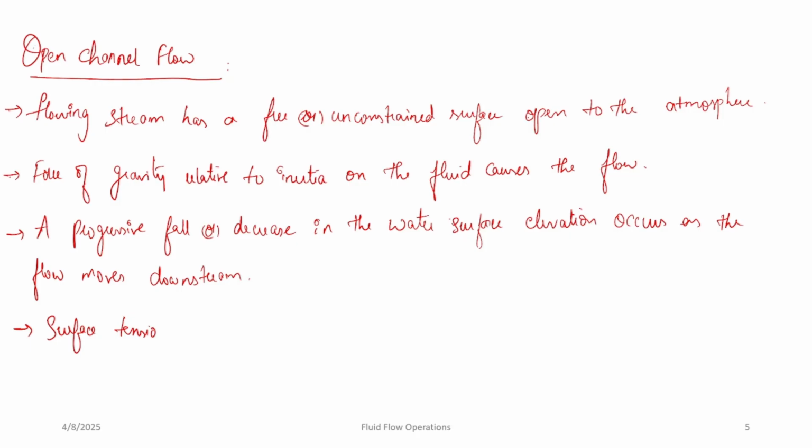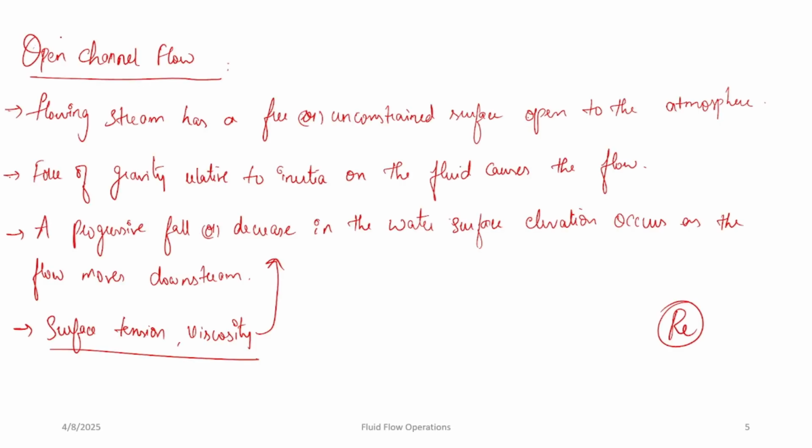Depending upon the effect of viscosity relative to inertia, which is represented by the Reynolds number, the flow can be either laminar or turbulent, and it can also be a transitional flow, which is in between laminar and turbulent flow. So depending upon the Reynolds number, the regime of flow is determined, whether it is laminar, turbulent or transitional flow.